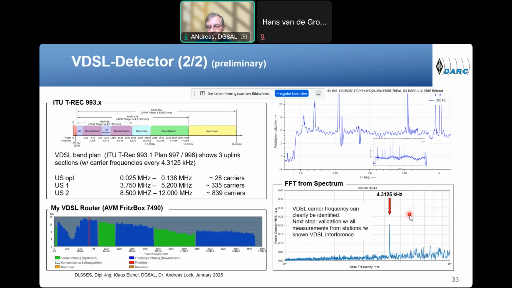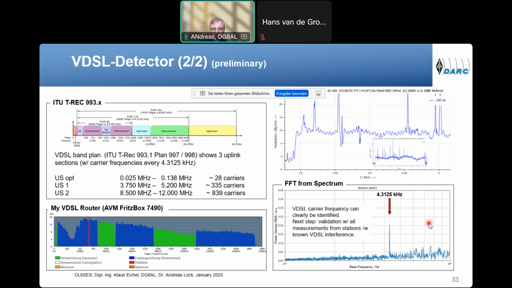If you do the FFT of the filtered spectrum, you can clearly identify the peak at 4.3125 kilohertz, which corresponds to the spacing of the subcarriers.